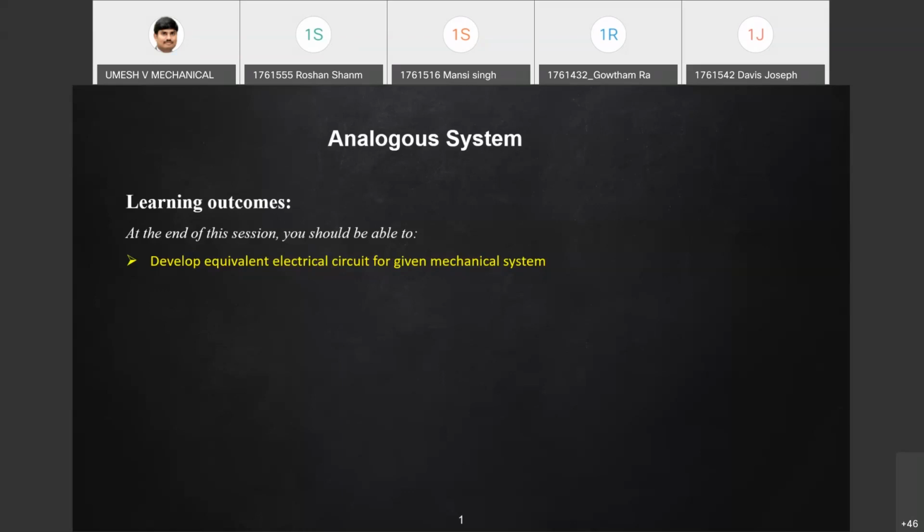It may also be vice versa: we can design an equivalent electrical circuit from a mechanical system, or a mechanical system from an electrical circuit. The aim of this topic is that, for a given mechanical system, at the end of the session you are able to write the equivalent electrical circuit.